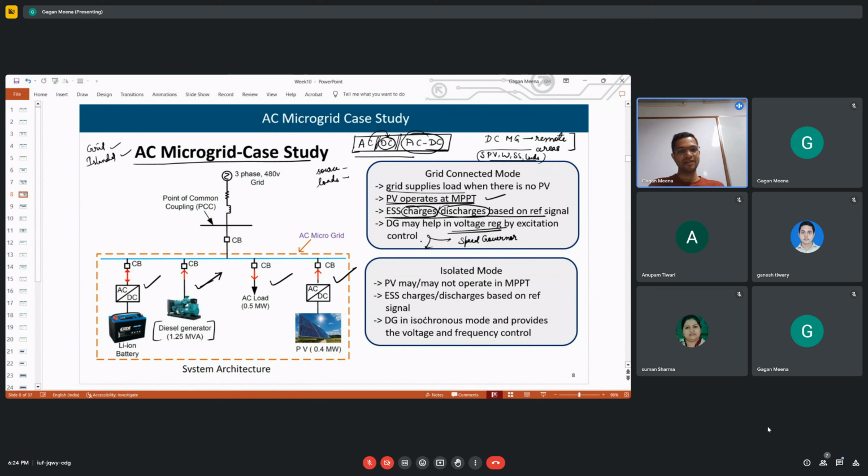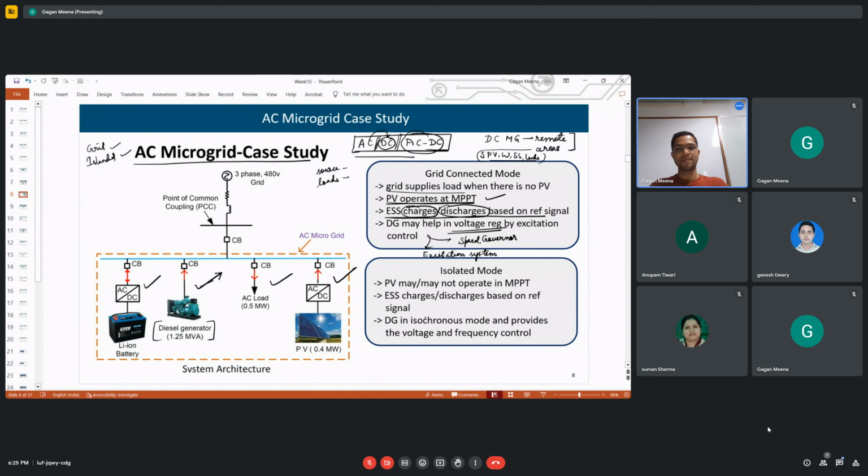Then we have excitation system to regulate the voltage by varying the field current to regulate voltage. So here in grid connected mode, it will help in voltage regulation by controlling its excitation.